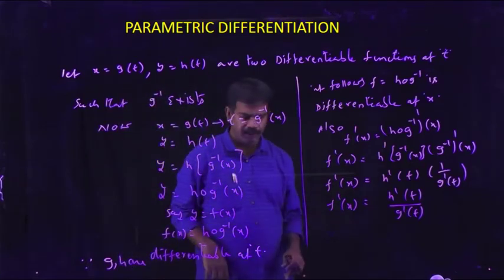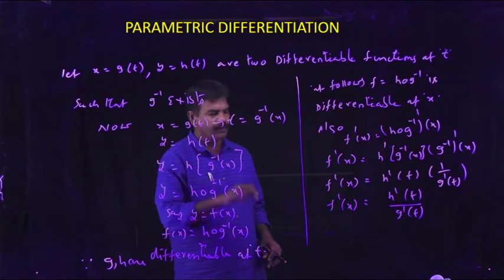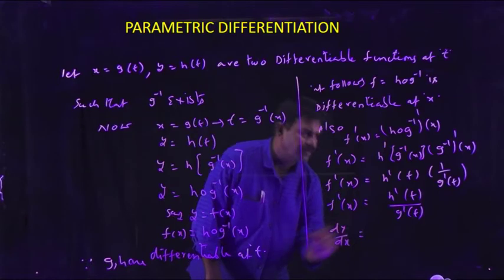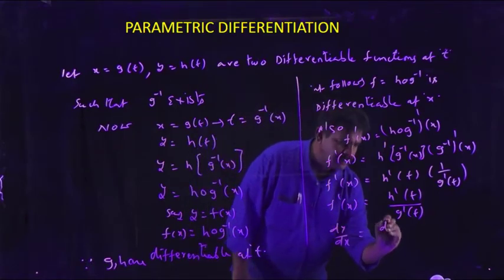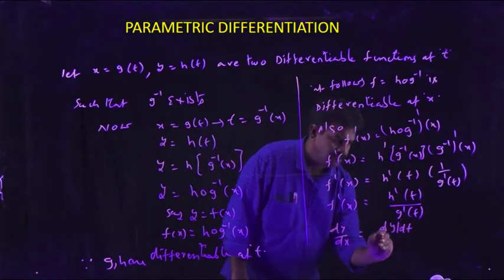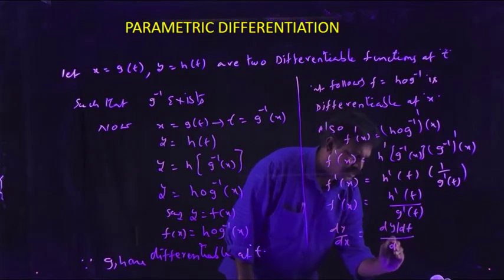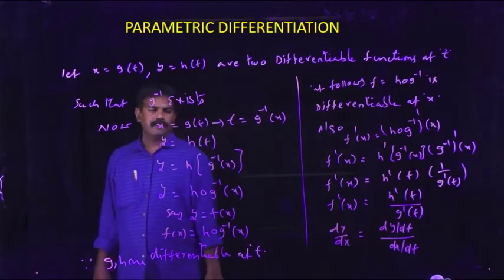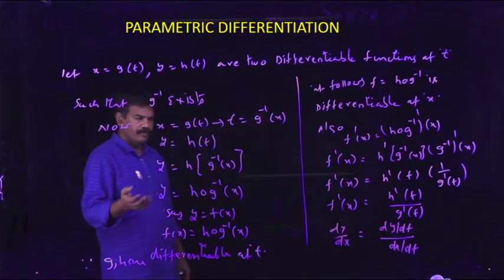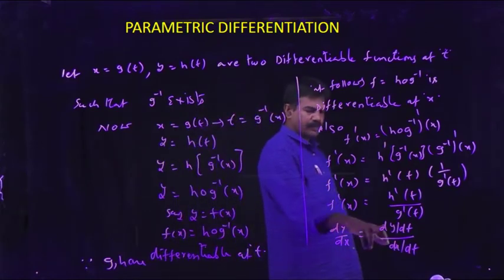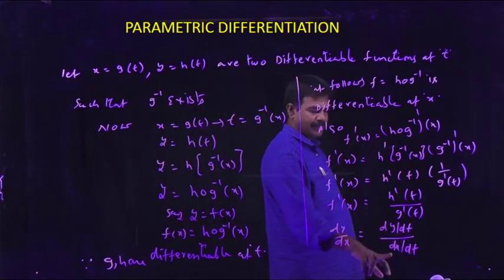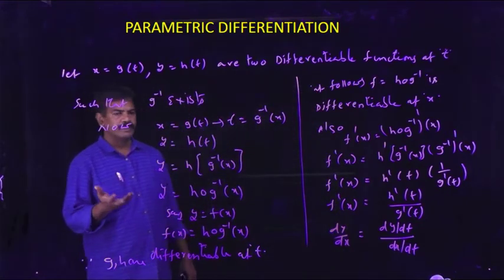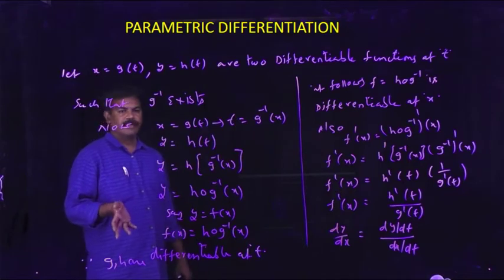Already we said that y is equal to f of x. That means dy by dx is equal to h dash of t, means dy by dt, by g dash of t, means dx by dt. So in similar manner, if the parameter is theta, we follow that dy by dx is equal to dy by d theta by dx by d theta. This is how we differentiate the parametric functions, parametric differentiation.